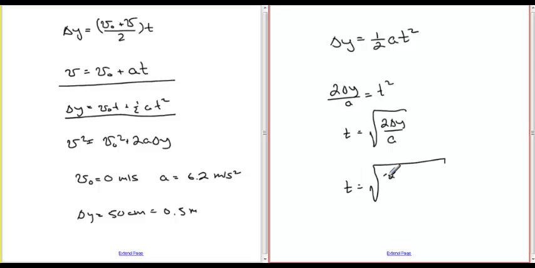So we have 2 times delta y, which is 0.5 meters, divided by the acceleration, which is 6.2 meters per second squared. And so the time is 0.40 seconds. We'll check the solution to see if that's correct. That is correct.